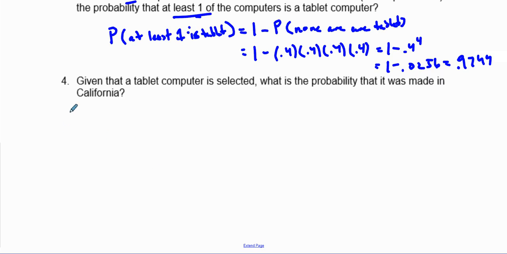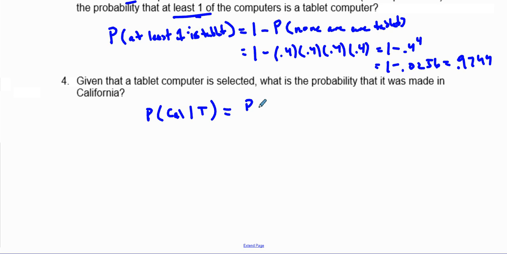Now, given that a tablet computer is selected, what is the probability that it was made in California? To find this out, we go back to our conditional probability statement.